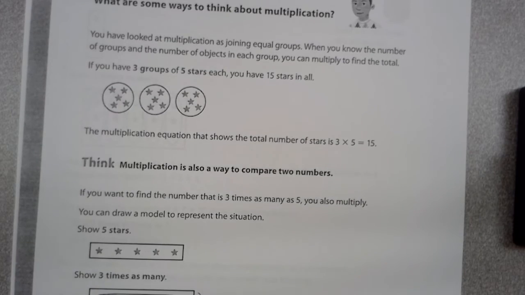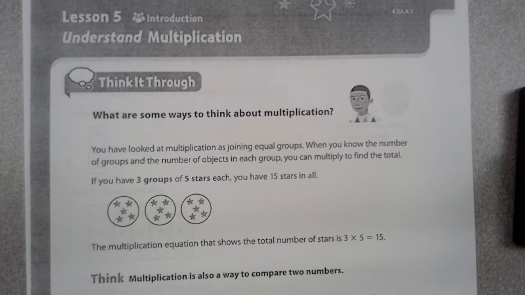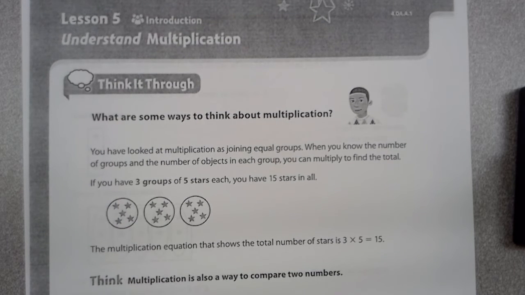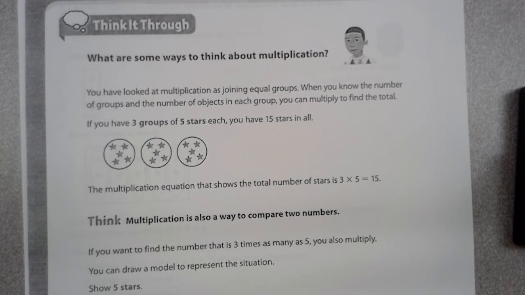All right, now let's get on to the 4th grade stuff. Understand multiplication. Now this is lesson 5, and we're going to start with thinking it through. What are some ways to think about multiplication? Well, you have looked at multiplication as joining equal groups. When you know the number of the groups and the number of objects in each group, you can simply multiply to find the total.